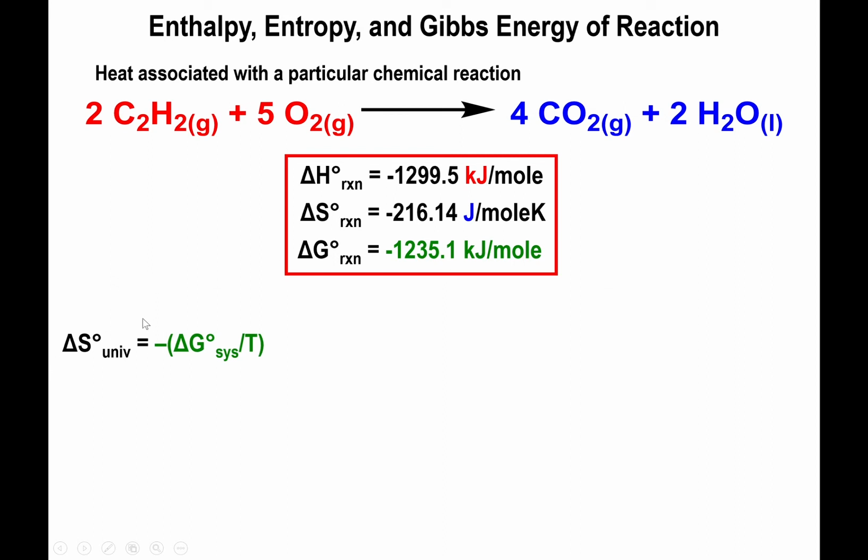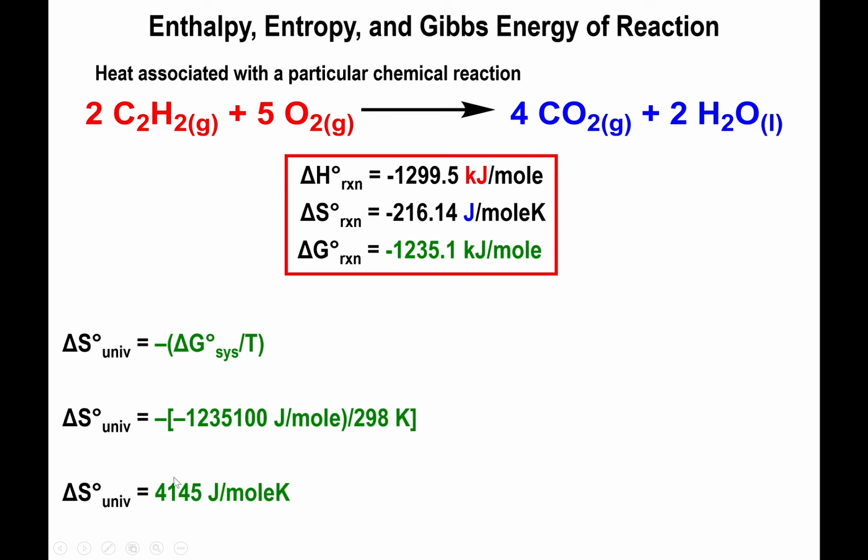We have delta S universe, which is negative delta G system over T. So we take the delta G value and change it to joules by multiplying by 1,000. So you have technically negative 1,235,100 joules per mole, all divided by 298 Kelvin, and the whole thing gets multiplied by -1. So we end up finding that delta S of the universe is positive 4145 joules per mole Kelvin.